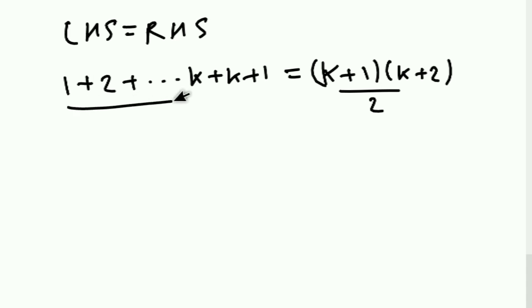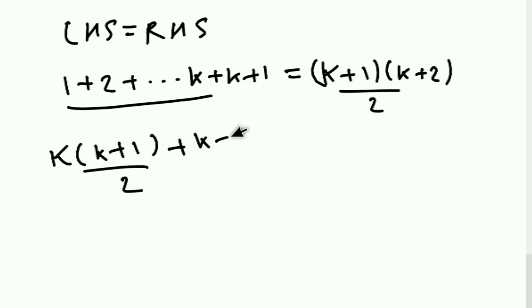You know that P of k is true, so we can write it as k into k plus 1 divided by 2. You know that formula, we saw it previously. So this will be plus k plus 1. So the left hand side comes like this, and we will take k plus 1 common.